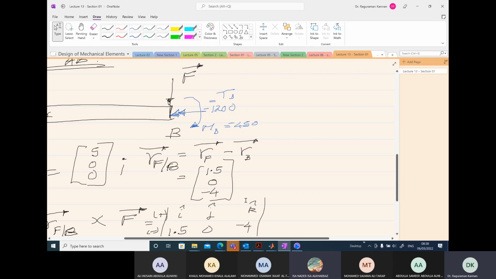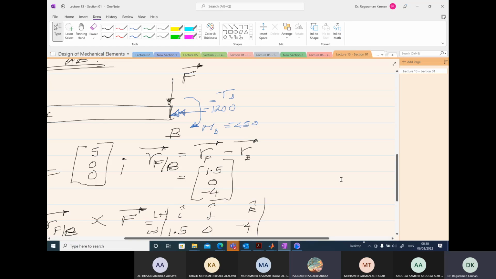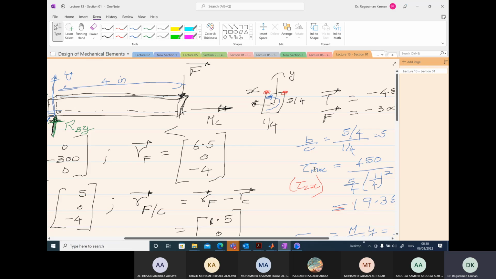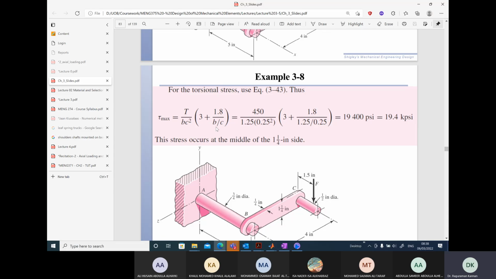So let's calculate. Yes, what's your question? Why won't we use the formula VQ over I over here? That's a good question. Let's see here.